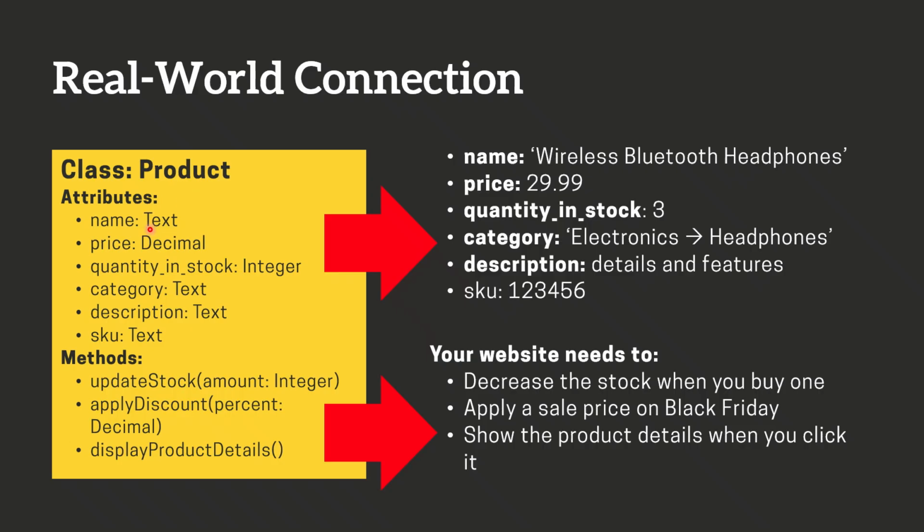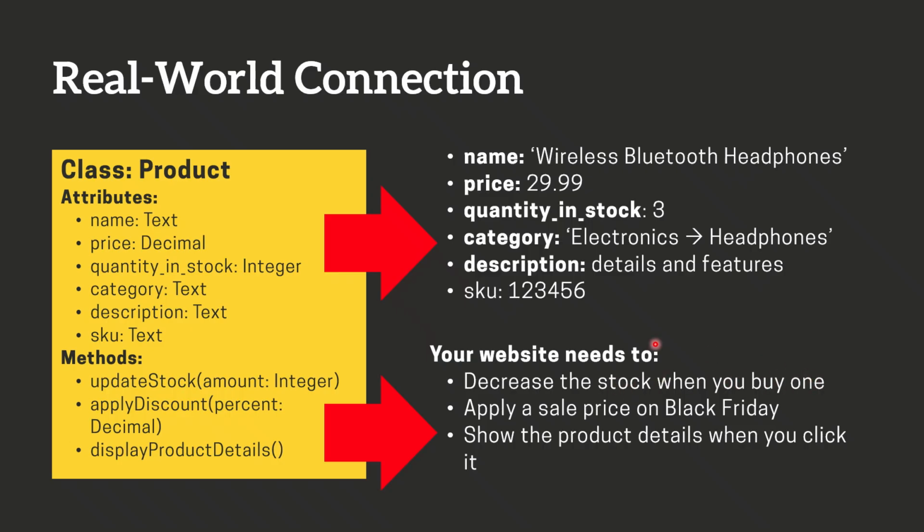So that would be our class, and then this is the object that we would create with that class. We'd have a name of the product, the price, the quantities in stock, the categories it falls under, the description, and the SKU number. Now imagine our website needs to decrease the stock when you buy one.